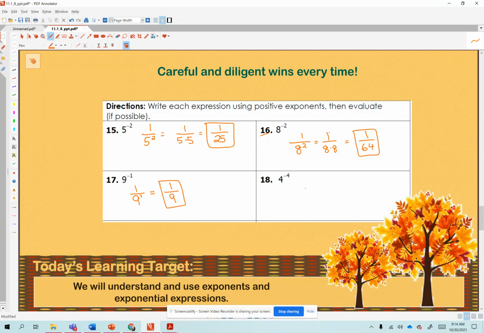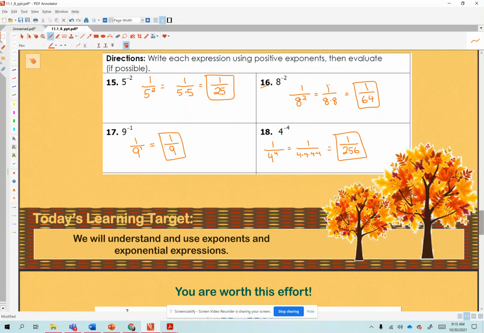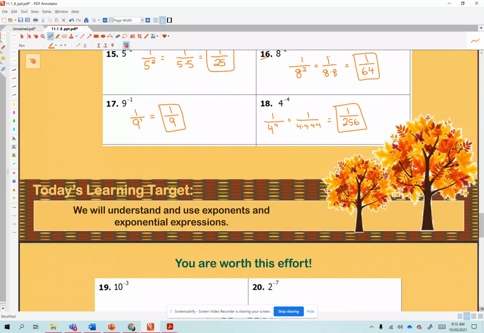And number 18, we can rewrite that as 1 over 4 to the fourth power, which equals 1 over 4 times 4 times 4 times 4, which equals 1 over 256. So those were all great examples of how the negative exponent is evaluated. And let's go on to the next page.